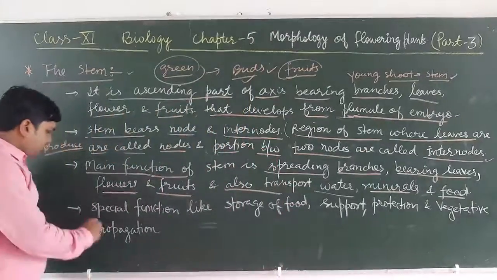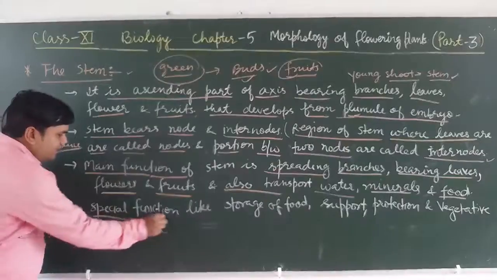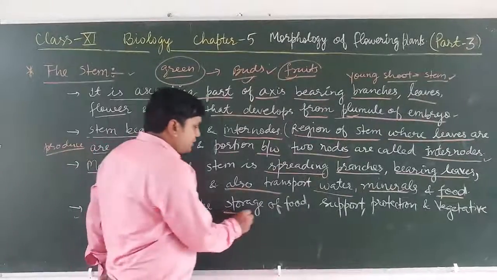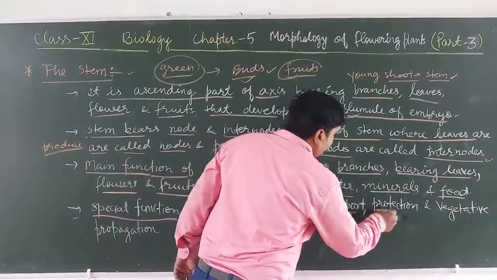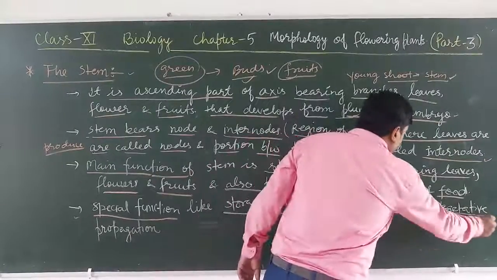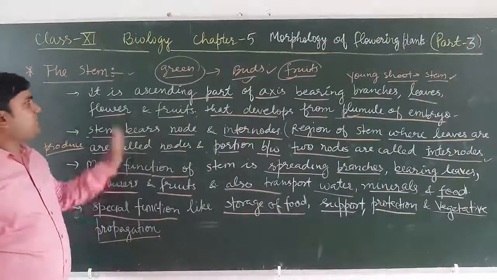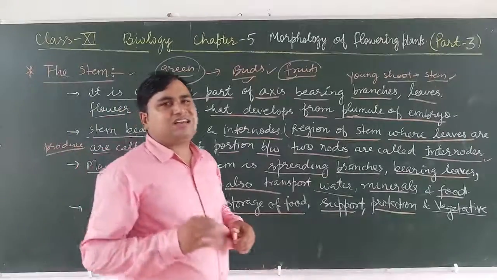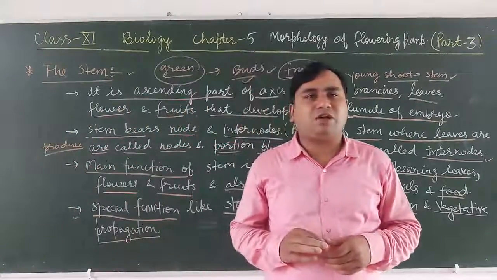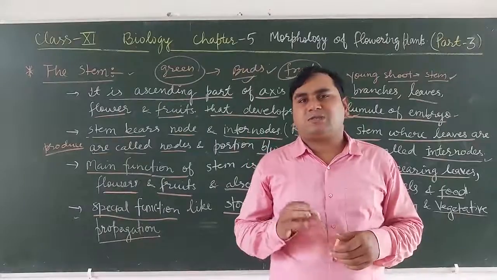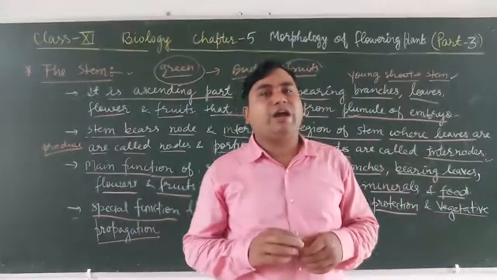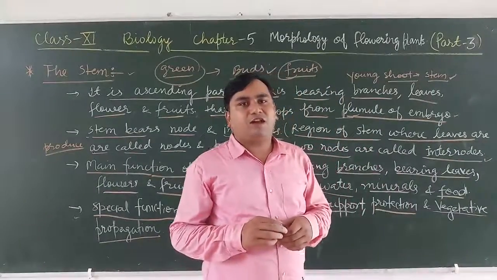And the last one is the special functions like storage of food, support, protection, and vegetative propagation also takes place by the stem. These are the main basic functions of the stem that are prescribed in your book, and also it is important for your life.